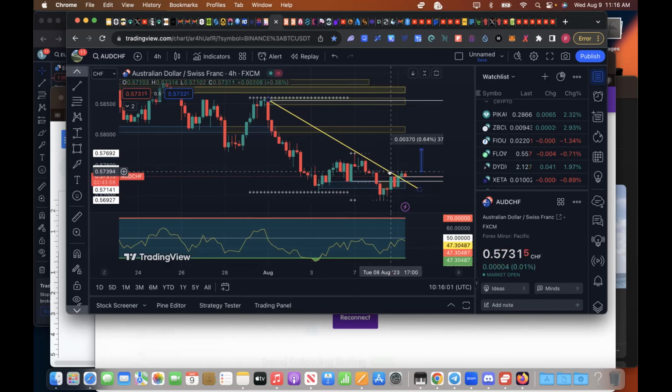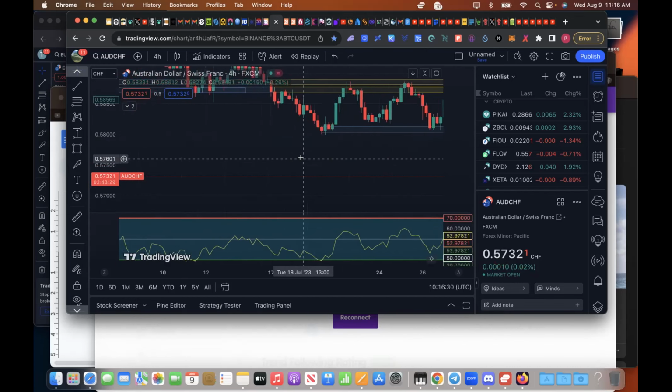If this candle can close above this one, then that will not be too much of a fake out. I'm a little bit careful, but AUD CHF is fine. So you are looking at from here up until here, that's about 30 to 60 pips.